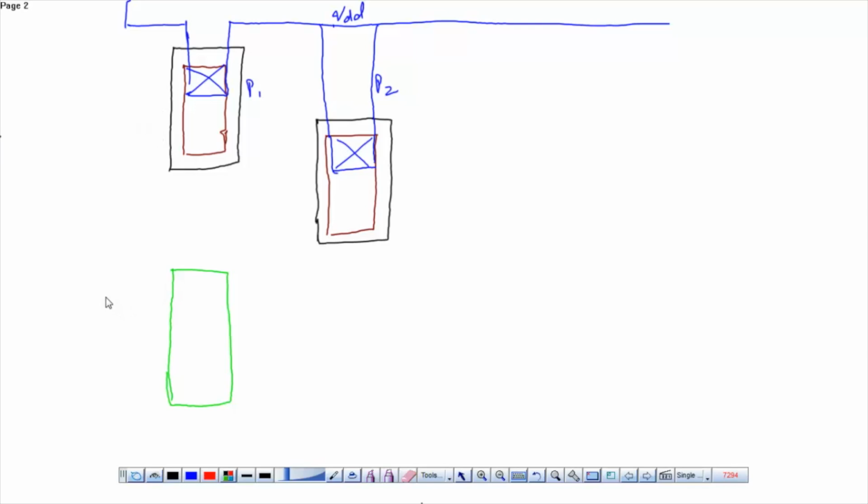So there will be two inputs here. This is input 1 and this is input 2.